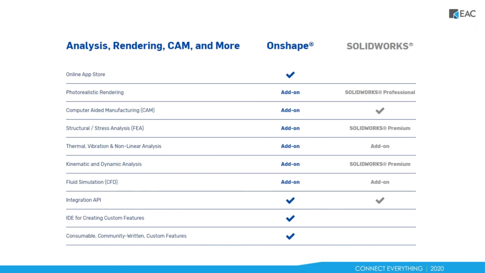One of the nice things is that there's a community of custom features out there, sort of like a library of custom features. I don't want to have to create my own gear teeth. There's a feature out there for creating a spur gear or a gear train or something like that. So there are lots of those free downloads of features that you can use with Onshape.